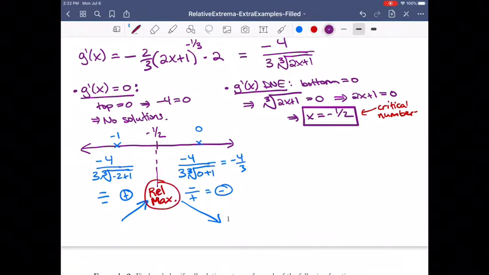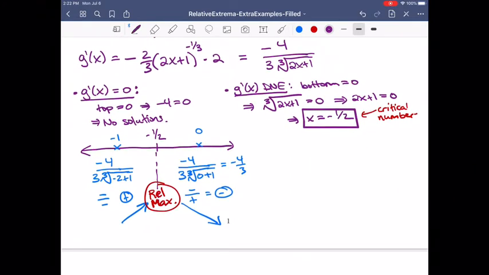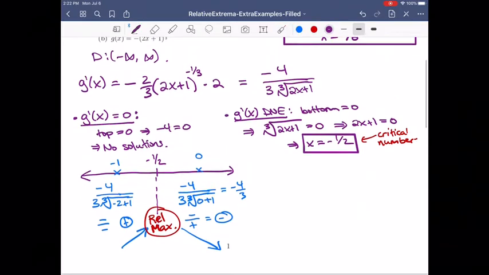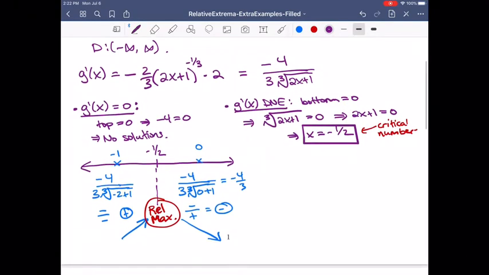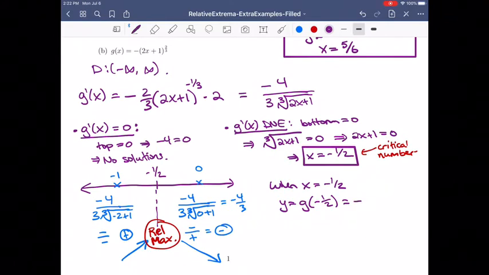Okay, now we want to be careful. Remember that the domain was all real numbers, so -1/2 is in fact in the domain. So in our graph, it's likely going to be a sharp turn because it exists there, but the derivative does not. Okay, so we should probably find the y value. So when x is -1/2, y is going to be g of -1/2, which is going to be (-2 times -1/2 plus 1) to the power 2/3.